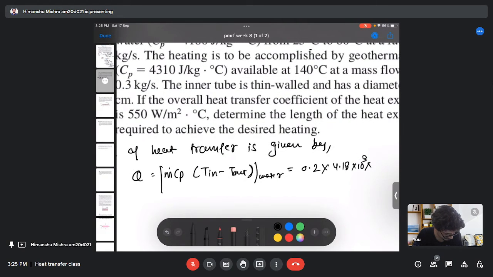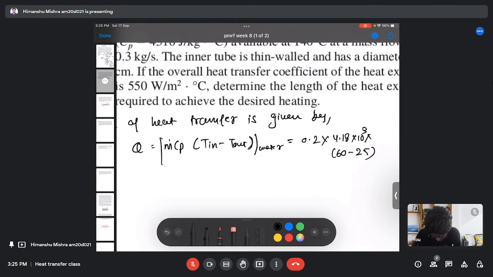So the temperature difference is 60 minus 25. So on solving this, we will get the heat transfer 29.26 kilowatt.